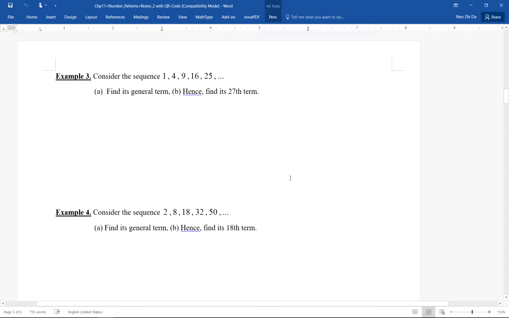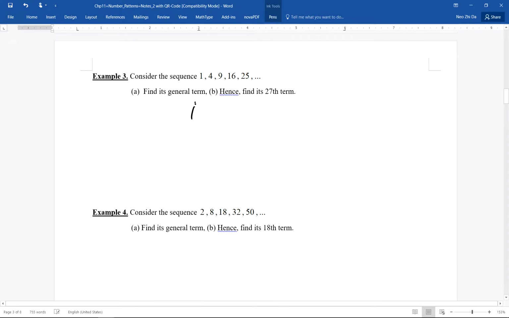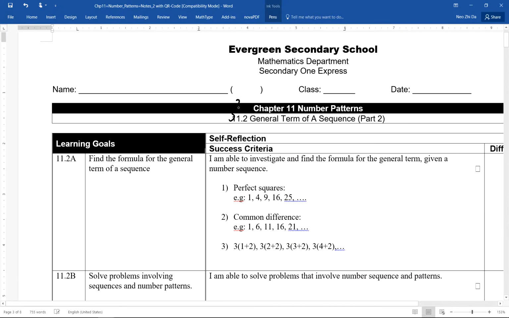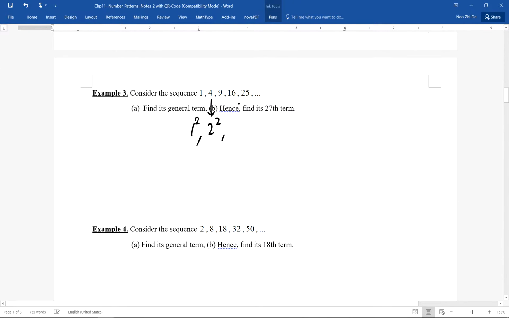So what we learned last week: common difference. Okay, number 2, square numbers. For square numbers, we can see this is actually why we call it a square number, because here is 1 squared, 2 squared, then 3 squared, 4 squared, 5 squared, and so on, right?